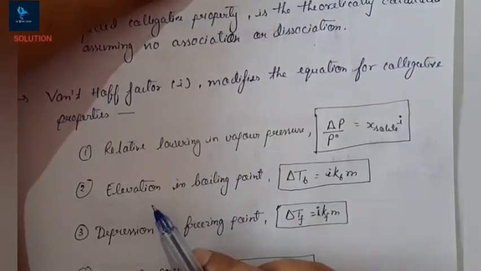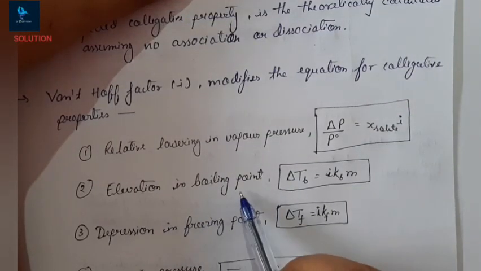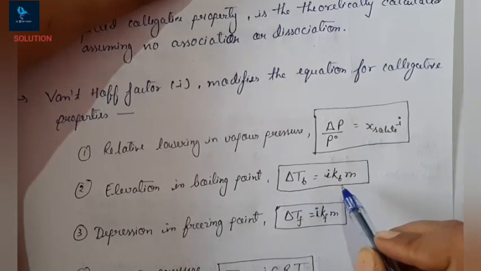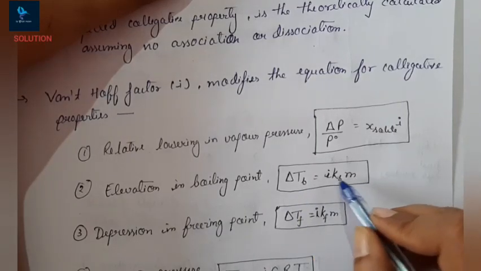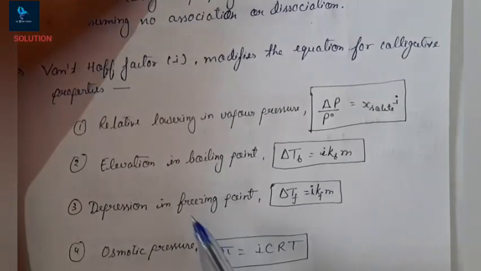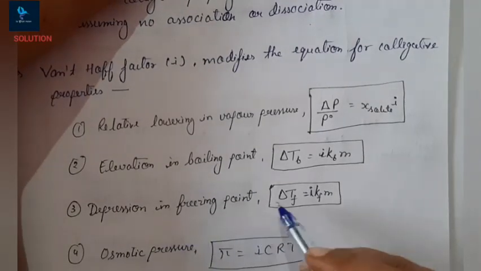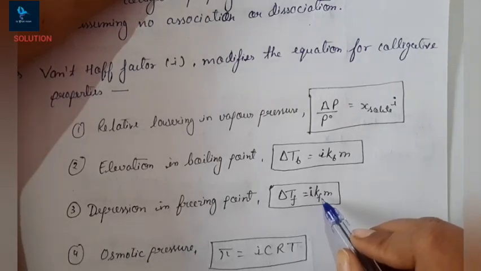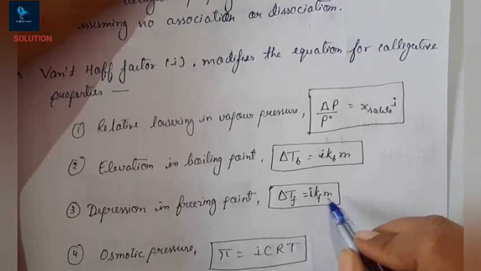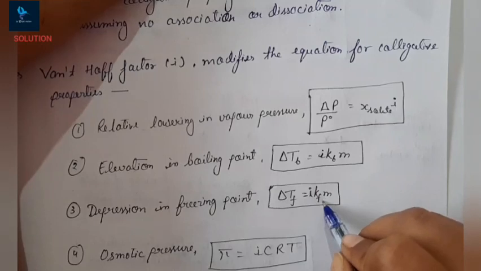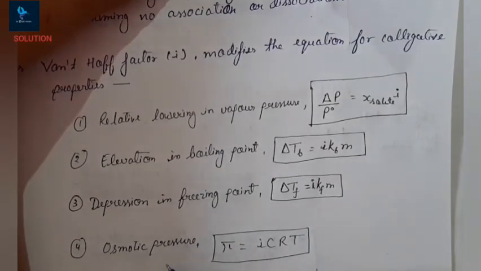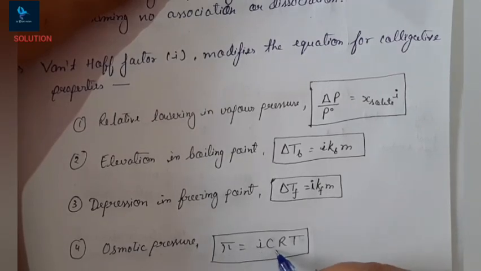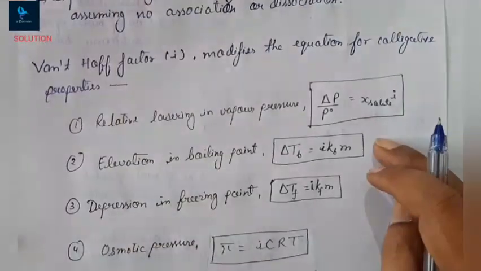Second, elevation in boiling point: delta Tb equals Kb into m multiplied by i. Depression in freezing point: delta Tf equals Kf into m multiplied by i. And the last, osmotic pressure: pi equals i into C into R into T.